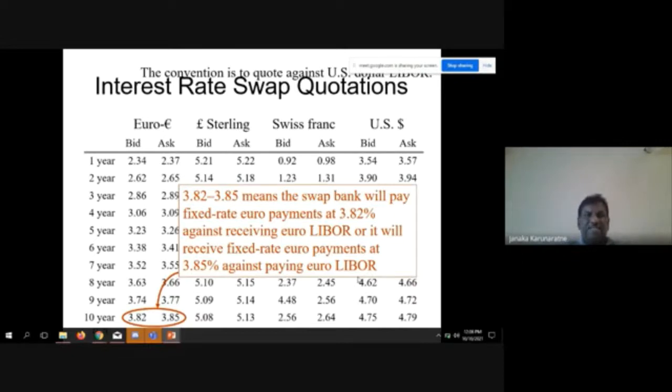The swaps could work out for different borrowing scenarios, in terms of different currencies as well as within your own currency.